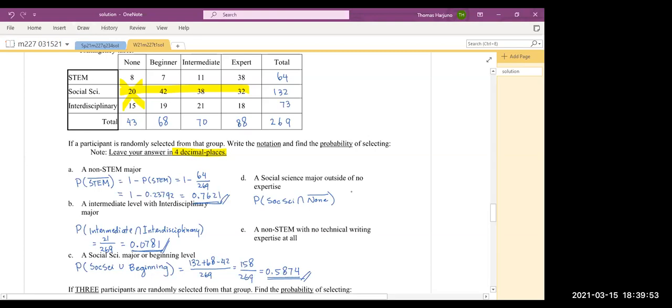That will be 42 plus 38 plus 32 over 269. That's 112 over 269. Then you use your calculator. That's 0.41635. 4 decimal places, 0.4164.